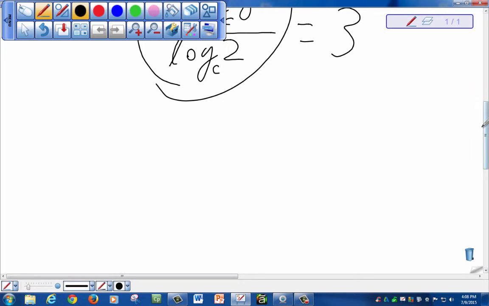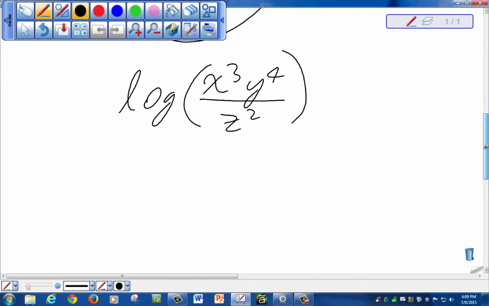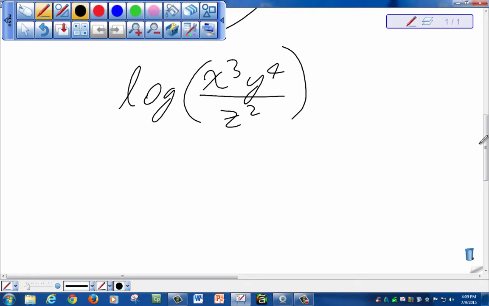And I'm going to explain another property as well, very quickly. If we have, on the inside, x cubed, y to the fourth, divided by z squared, we can set this up as a bunch of different logs added and subtracted from each other. So multiplication and division on the inside can be converted to addition and subtraction outside of the log, and vice versa.